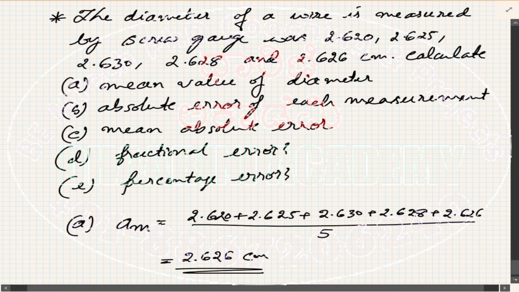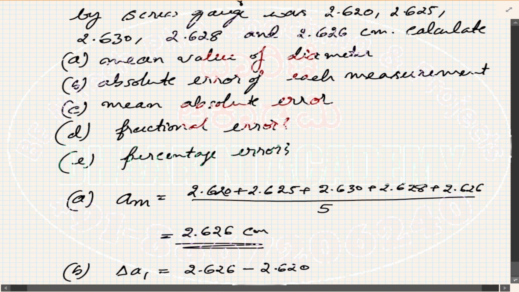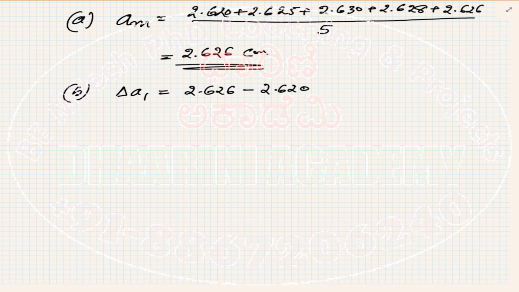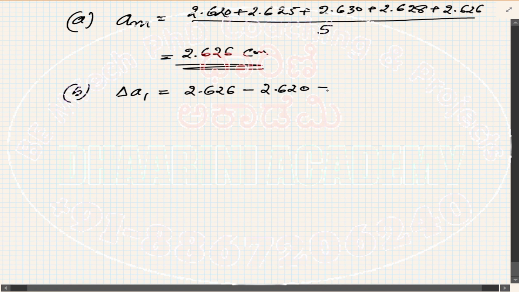We apply the same rule here. So this is a positive quantity, 0.006 centimeters. This is the error. It is positive. There can be positive or negative values that might come.